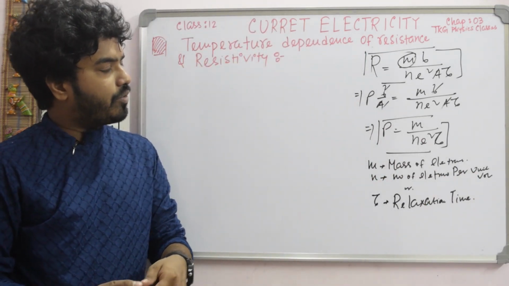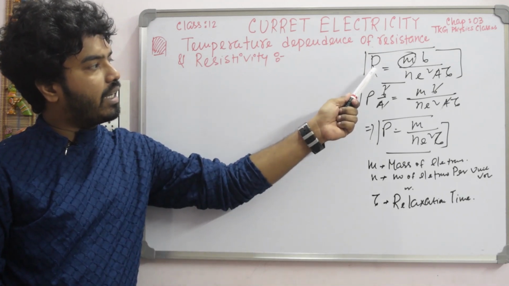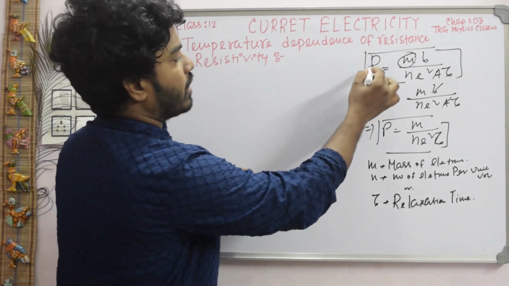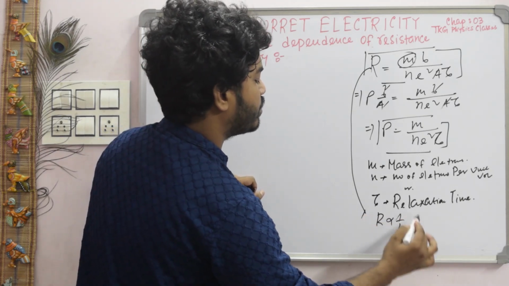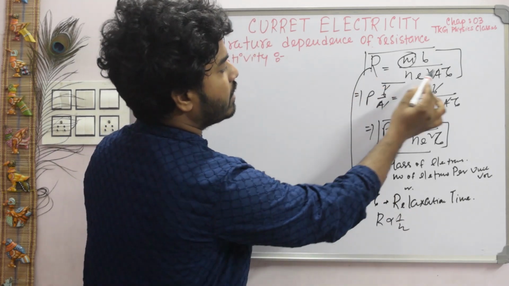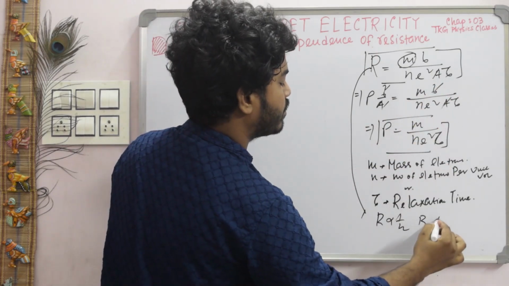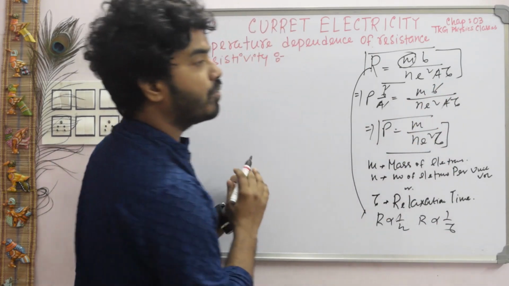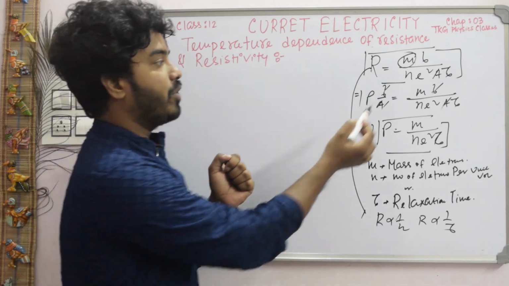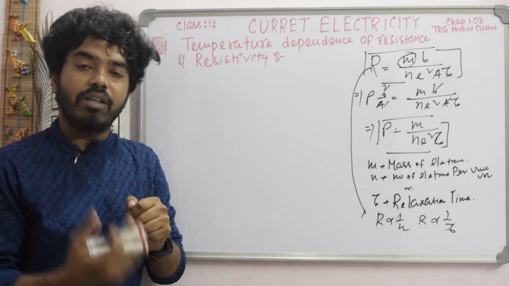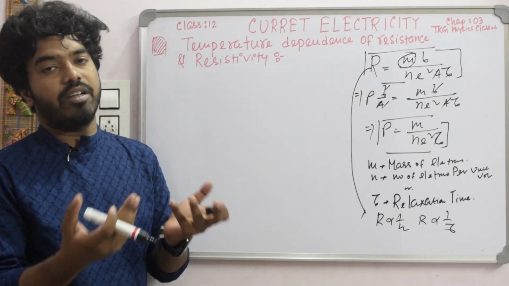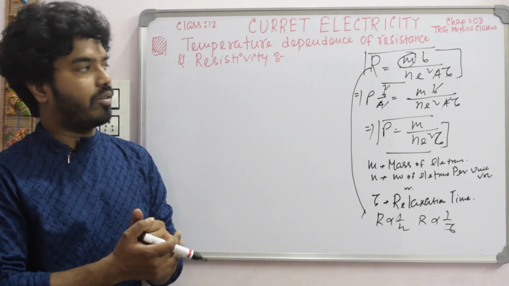So from this equation, R is inversely proportional to n and R is inversely proportional to tau. Here m, e are constant, for a particular conductor the length and area of cross section are constant.